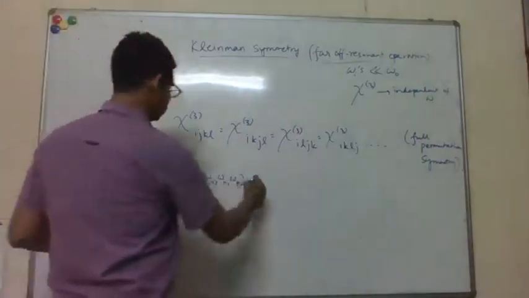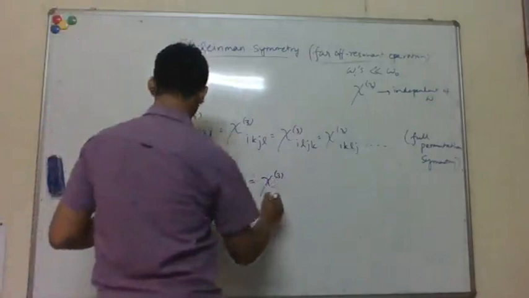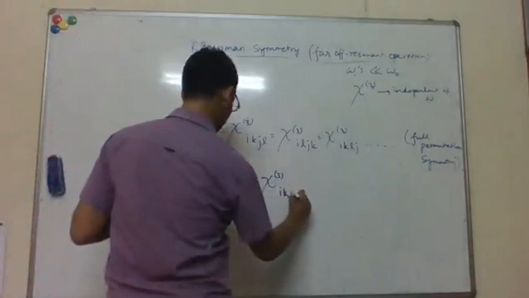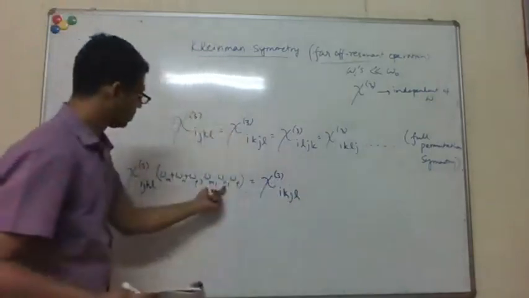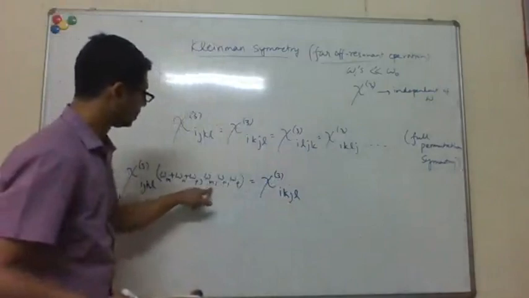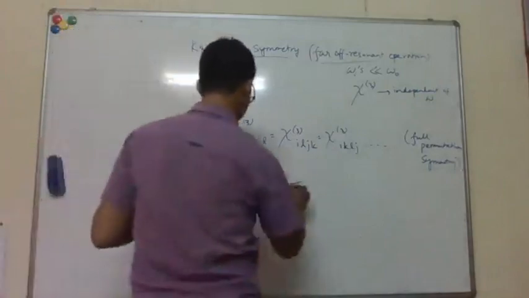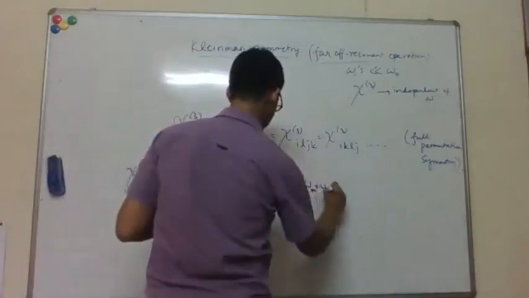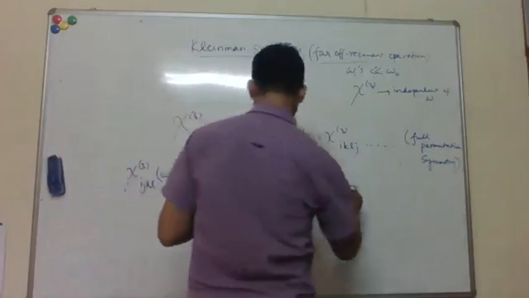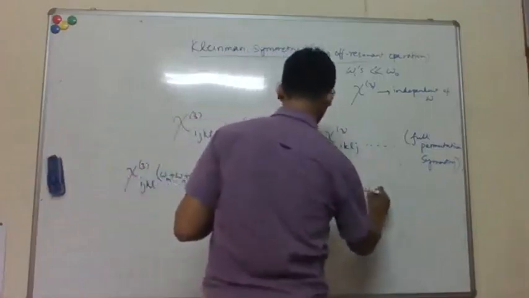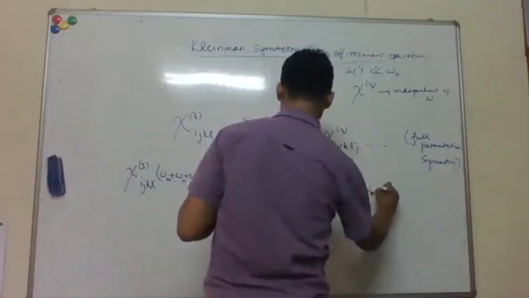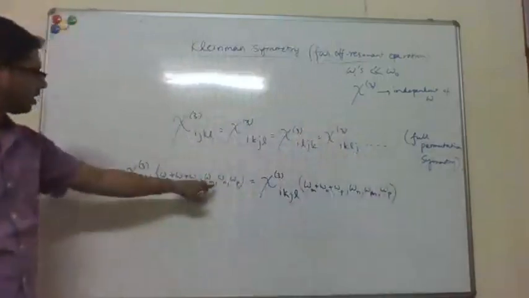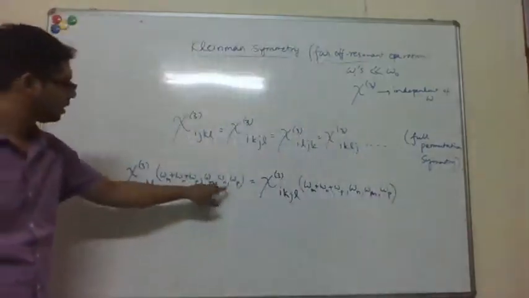Now, of course, I can write this as ikjl. So I'm just interchanging these two fields, right? So I can just write this as omega n, omega p, omega m. Right. So what I've done is I flipped these two.